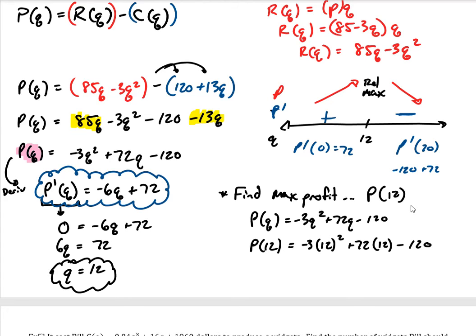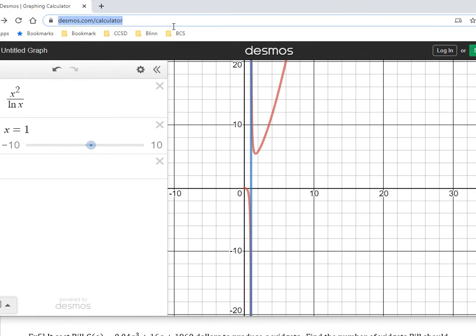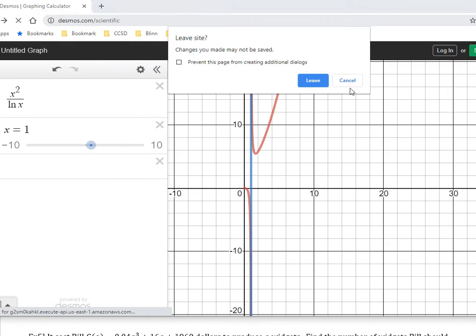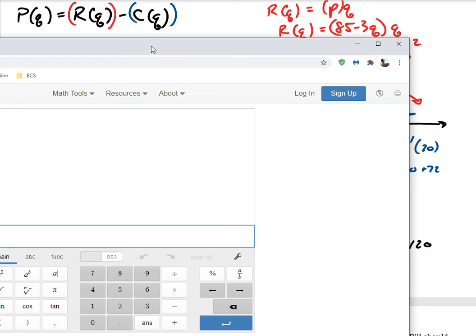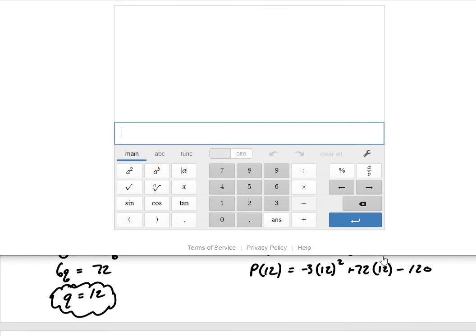Okay, and then now let's simplify all of this. At this point, we could use our calculator to help us if you don't want to do it by hand. I'm just going to go to the scientific one so that I can just type it in real quick. There it is.